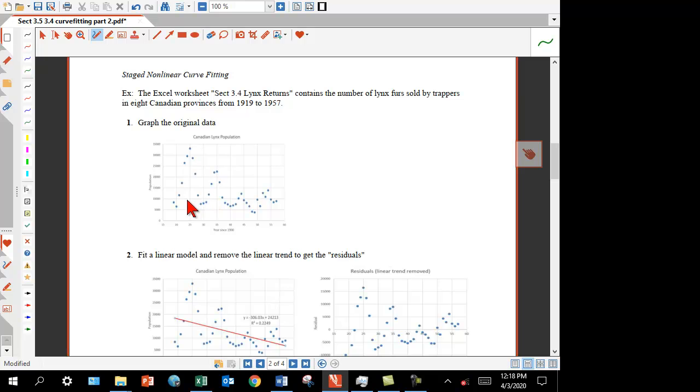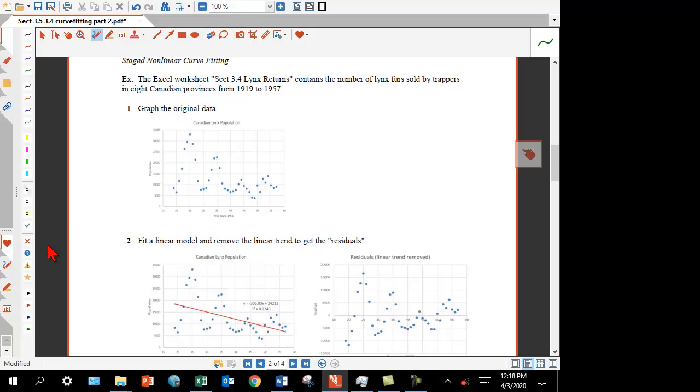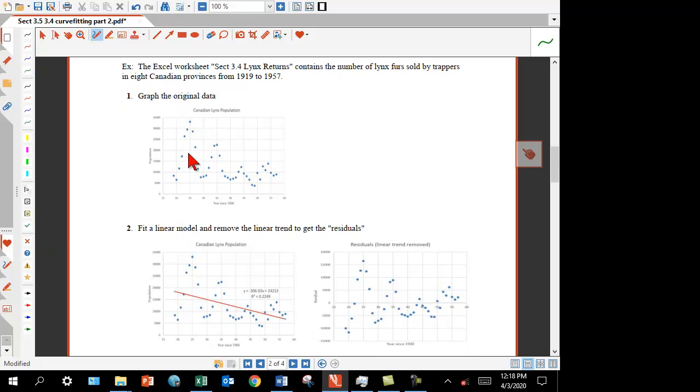Or it might be reflective of the lynx population itself. So again, the lynx might be overeating their resources, and then the population declines and increases and so on. So very hard to say why this is happening, but we're doing empirical modeling, and so we're just saying, here's some data, and I want to fit a model to this.